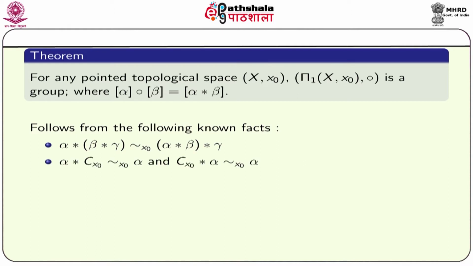Now, we also know that α star Cx0 is homotopic to α and Cx0 star α is homotopic to α. So, that means class of Cx0 will serve as the identity element of the group π1(X, x0). Now, α star α inverse is path homotopic to Cx0 and α inverse star α is path homotopic to Cx0, which shows that class of α inverse is actually the inverse of class α in the collection π1(X, x0).